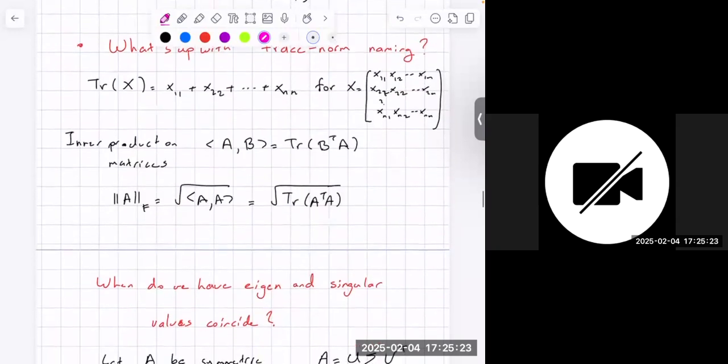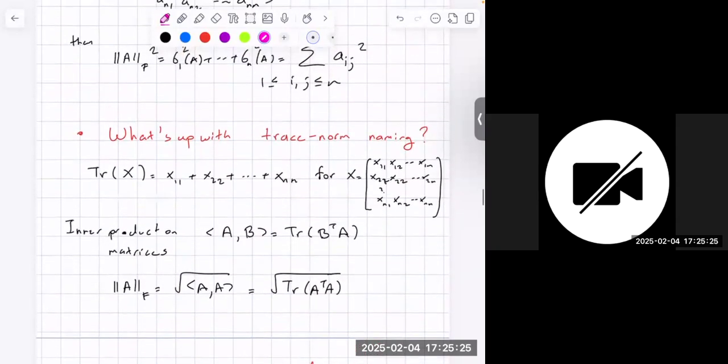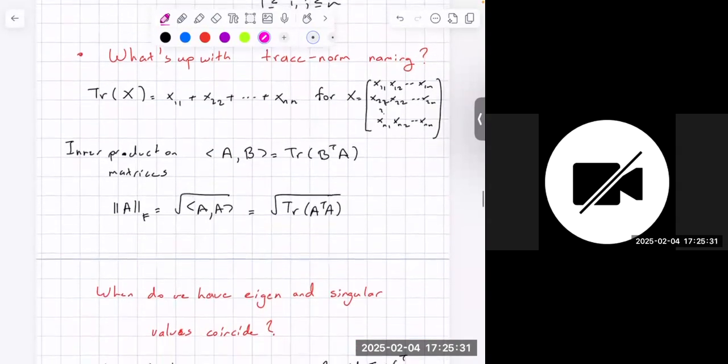Now, I think I want to skip over this thing. I was going to do something important, but not terribly crucial for algorithmic purposes: thinking about when a matrix will have the singular values and eigenvalues the same.